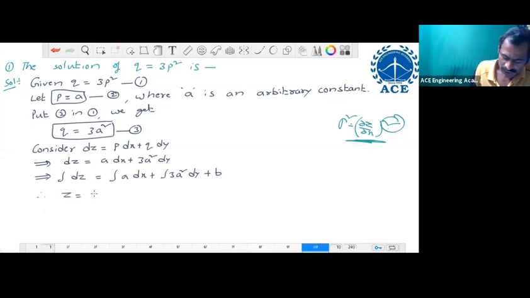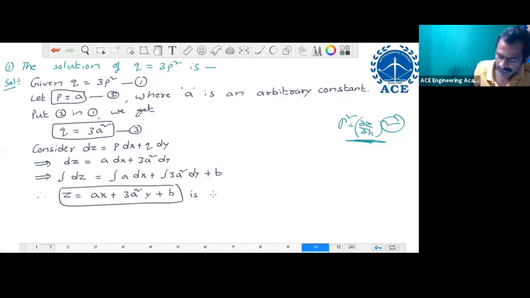Therefore, z equal to ax plus 3a square y plus b is a required solution of equation 1.